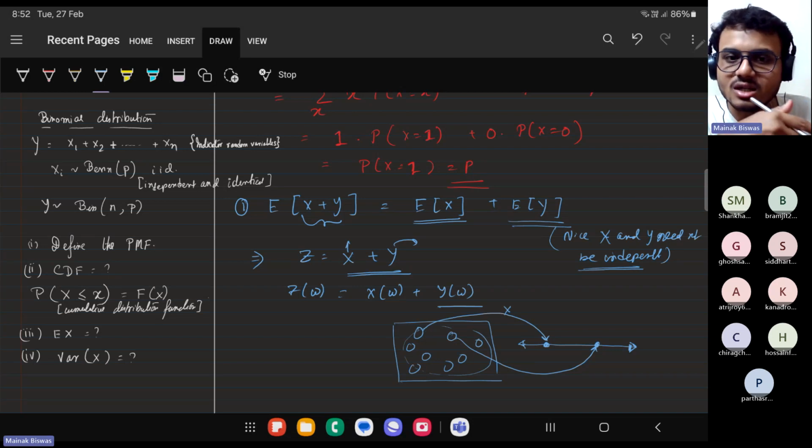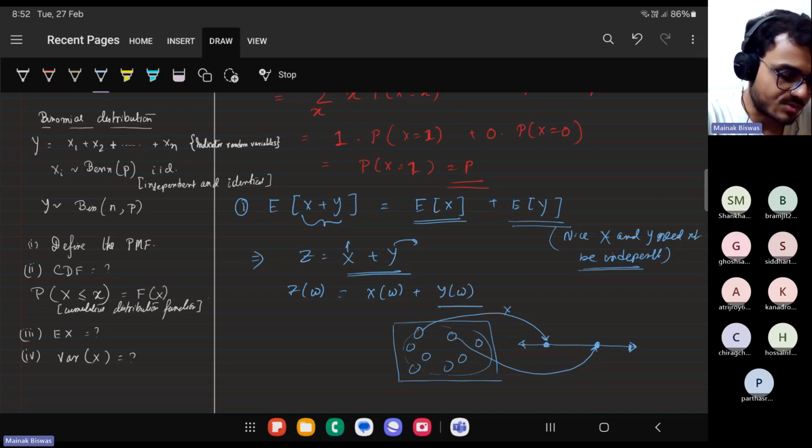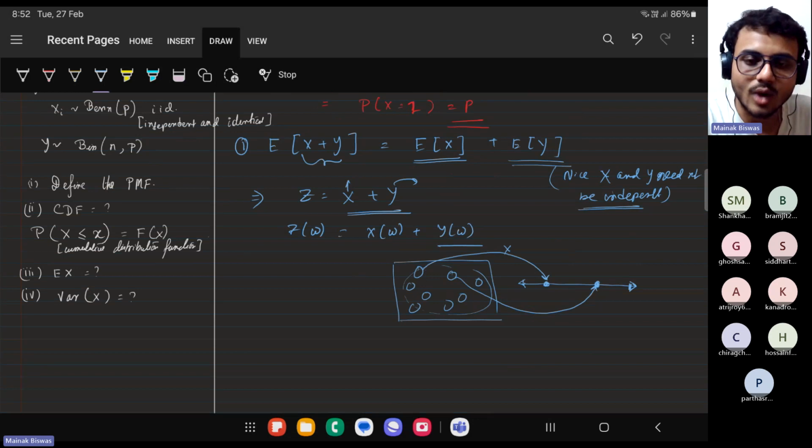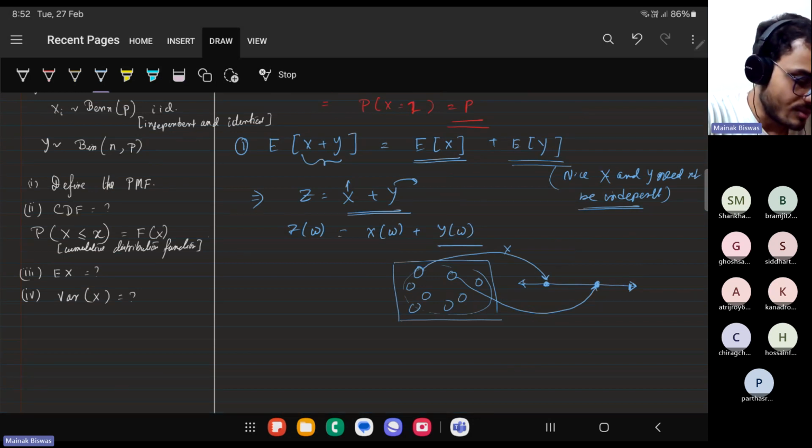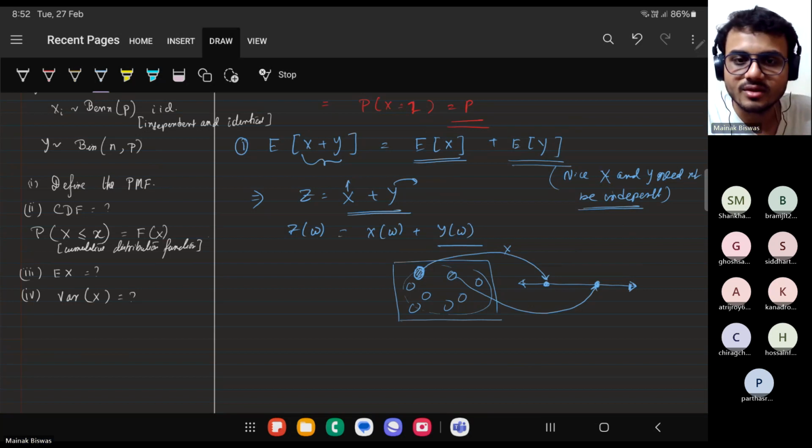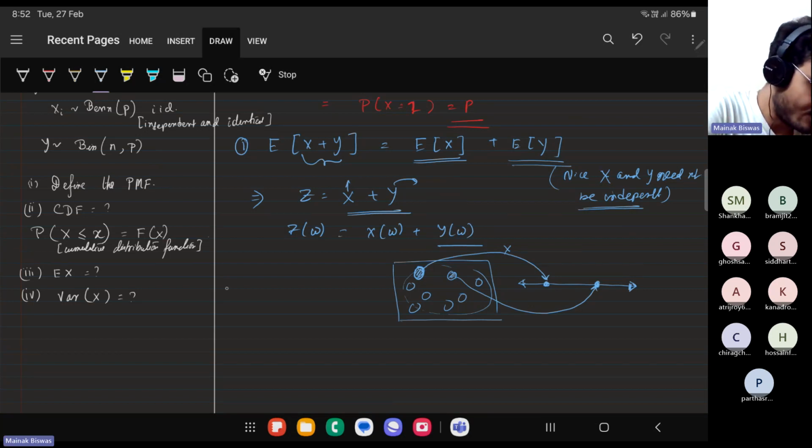On expectation, even for X plus Y, it will be the sum of these two. Why? Because you weigh each of these elements differently. For example, if X is mapping the sample space to 0, 1, and Y is mapping to 2, 3.